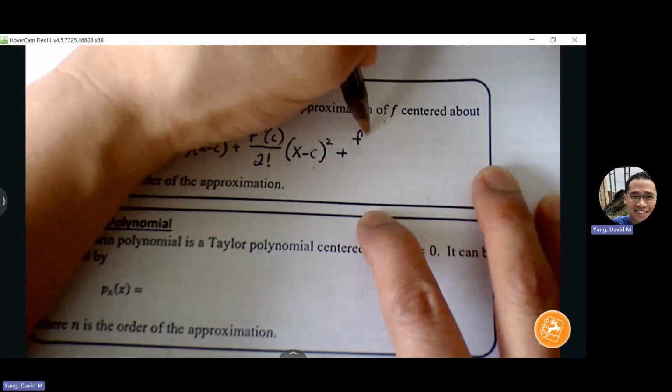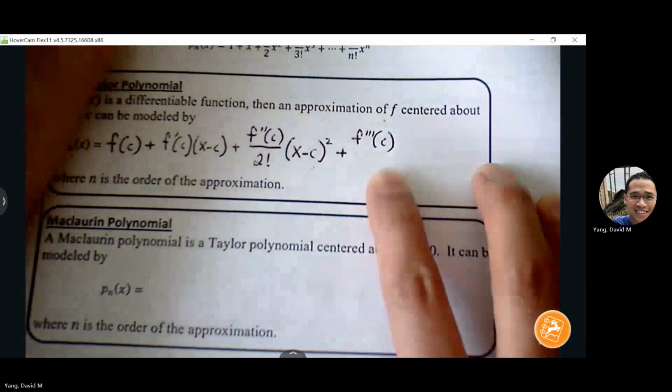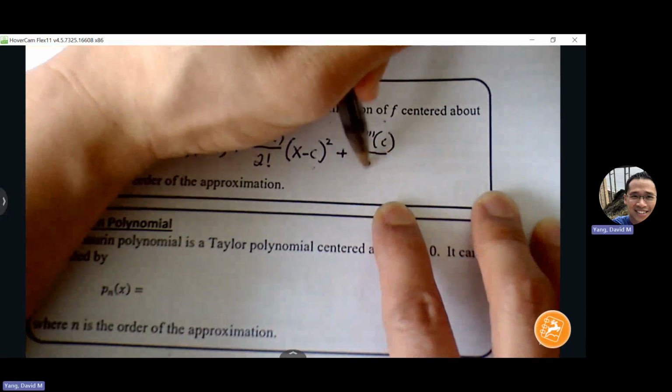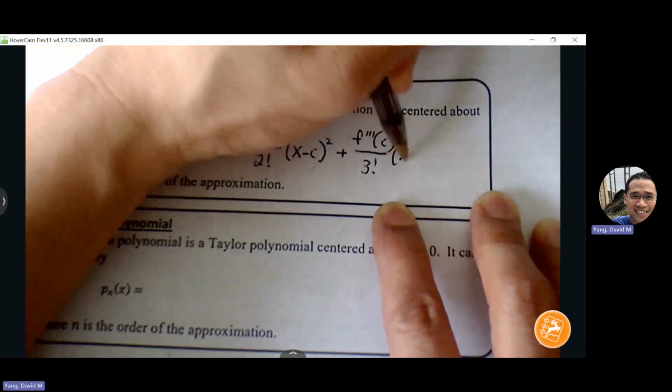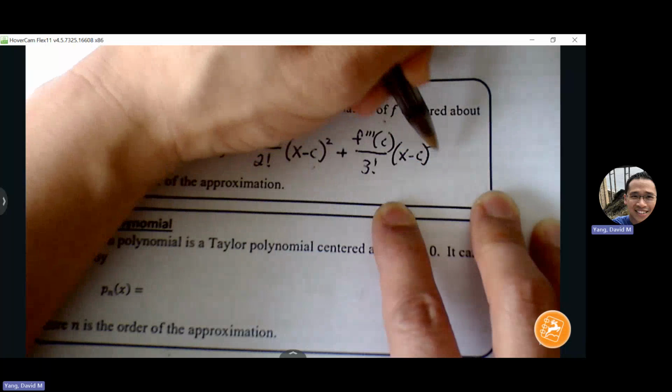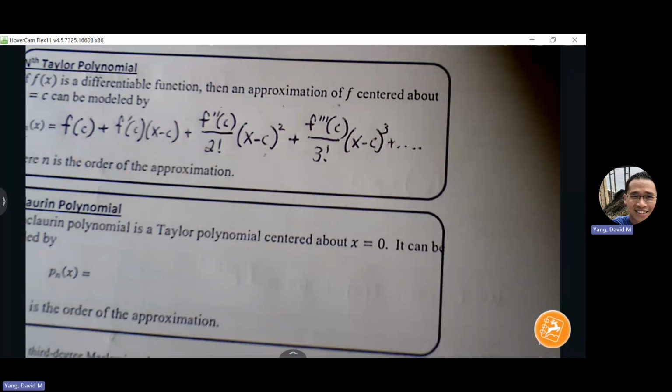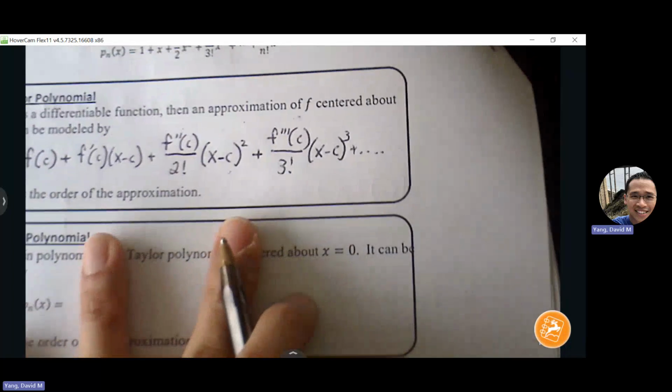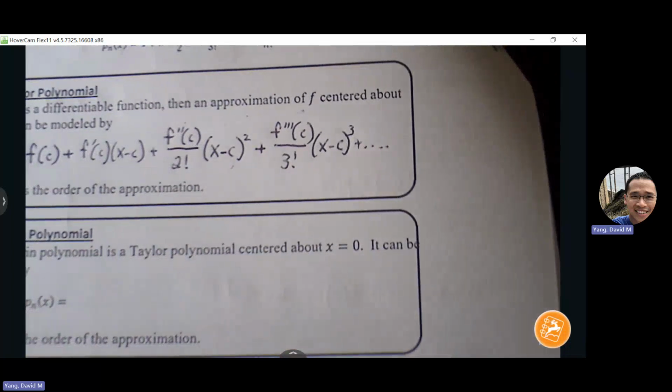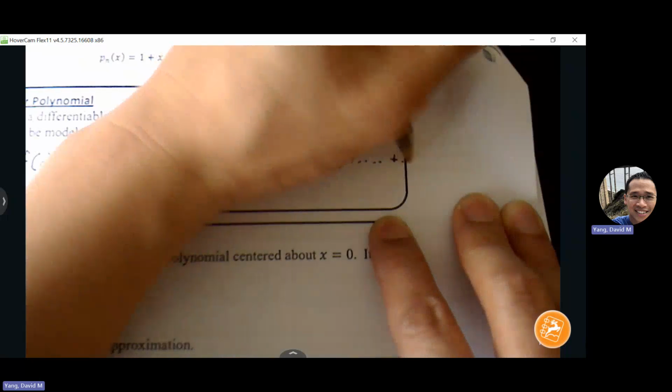We want to match the third derivative at that center over 3 factorial x minus c to the third, and we just keep going depending on how many degrees we want to match or how many degrees the problem is asking for us to pair up with. So here's the general formula.